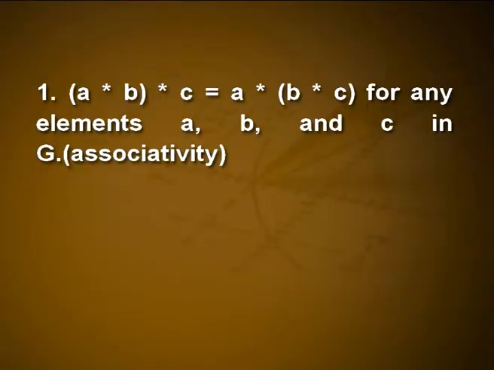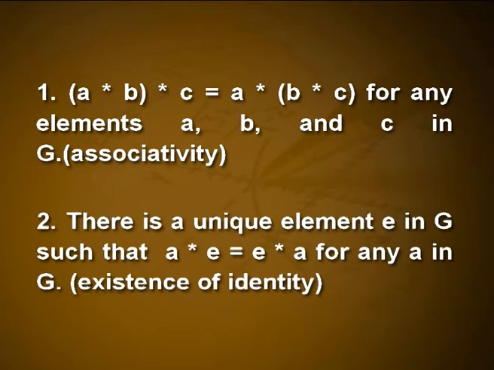Thus, a group is a set G together with the binary operation * on G such that (a * b) * c = a * (b * c) for any elements a, b, c in G, which is the associative property. There is a unique element e in G such that a * e = e * a = a for any a in G, which is the existence of identity.